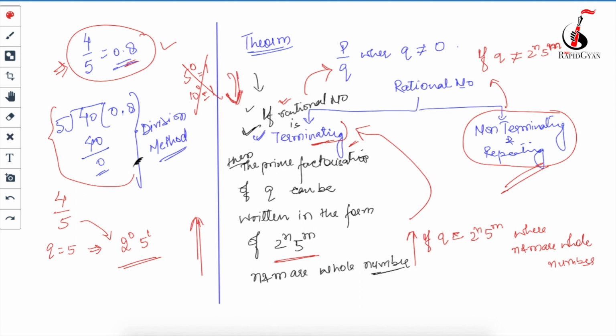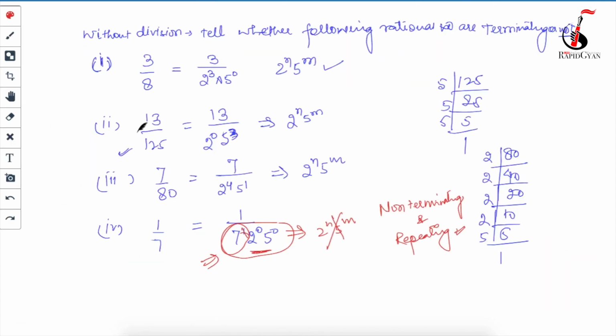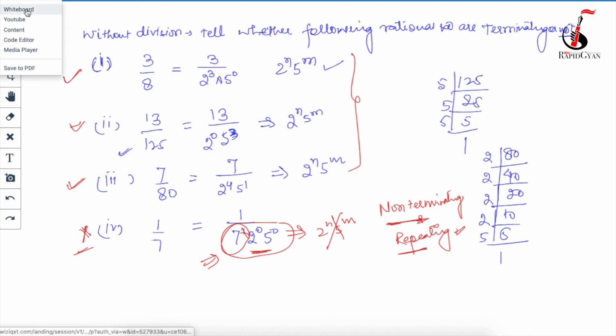For this kind of decimals, for these first three questions, we can find the value without the division method, but for the fourth question we will have to go for the division method, because the fourth question is a non-terminating and repeating decimal, but these three are terminating decimals. Okay beta, so now I am going to solve them one by one.